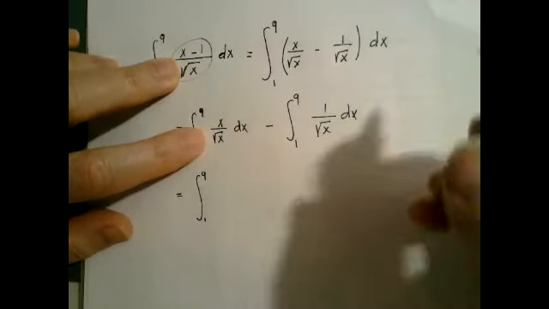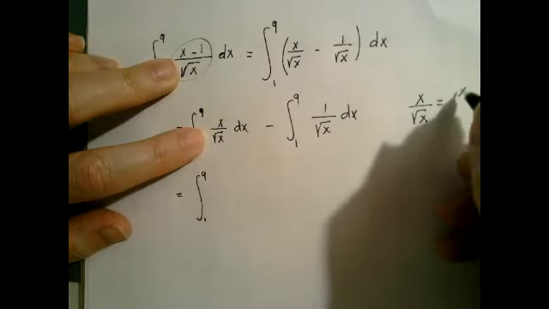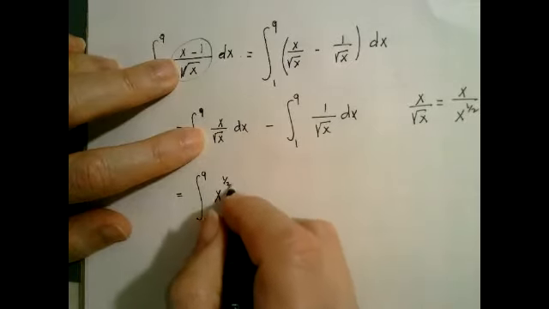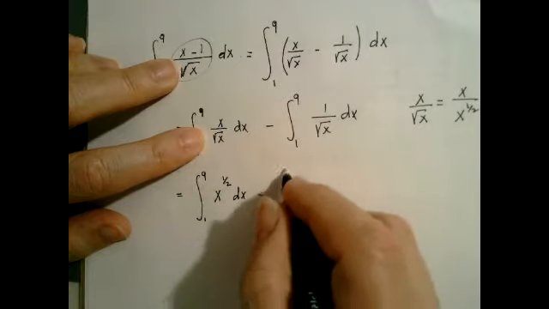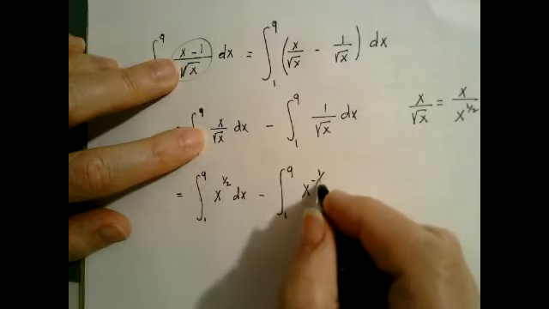What do I get? x over root x gives me just x to the 1/2 power, because that's x over x to the power a half. It means x to the power a half. And this one will give me x to the minus a half.